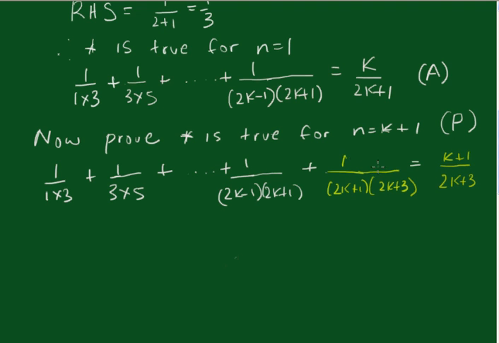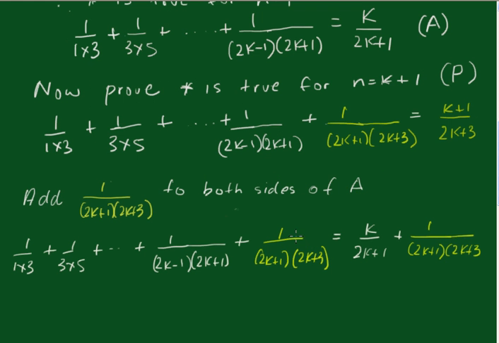Now notice I put that in yellow, because all this part here is the left-hand side of the statement A. So what I'm going to do is add that to both sides of this statement, and we'll see what happens after that. Okay, now you see that I've done that.